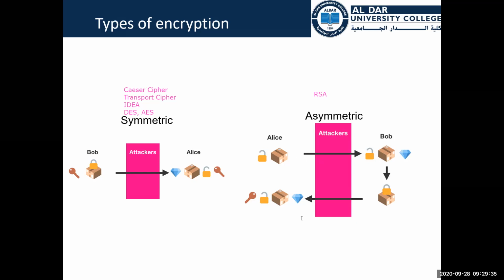Only Alice with her private key can open the box or decrypt the data, nobody else. Maybe the hacker can capture the secure data, but he will not be able to decrypt it. Alice will be able to decrypt it because she is the only one who has the key of that encryption.